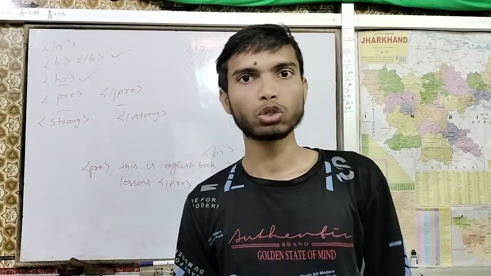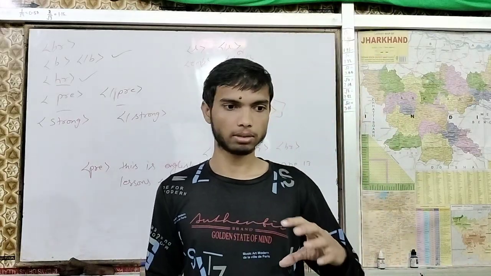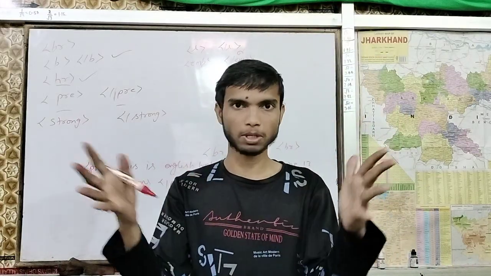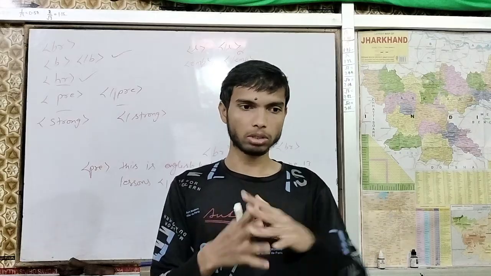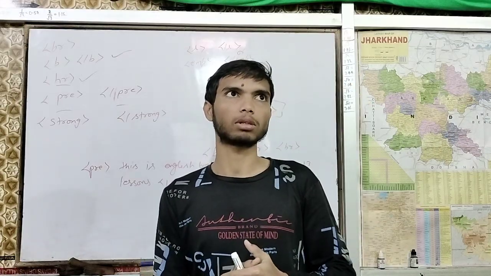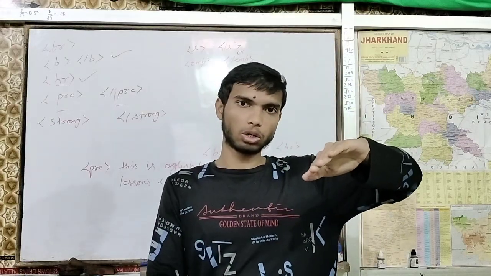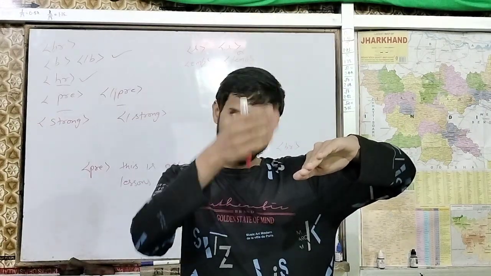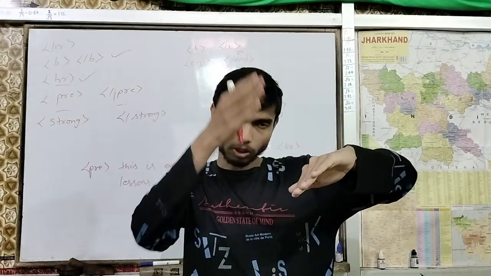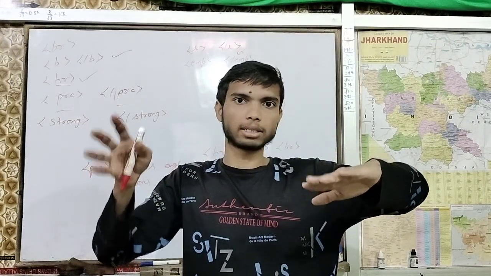So the pre tag is used so that whatever we type, if we enter some spaces, or write 4 sentences horizontally or vertically, they should be shown as is on the website.